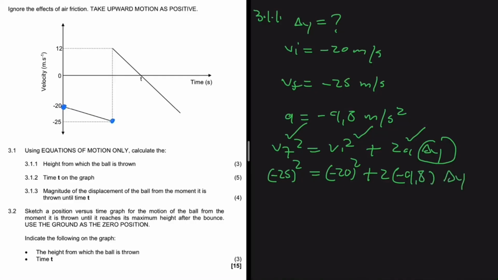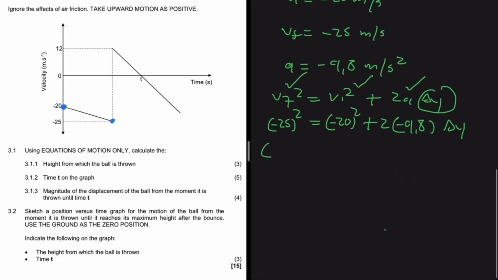So basically, the physics is done now. We are just solving the math. So we're going to have minus 25 squared minus 20 squared being equal to 2 multiplied by minus 9.8 delta y. We just took minus 20 squared to the left hand side, right? So now it will be obvious what we're going to do. We're going to divide both sides by 2 multiplied by minus 9.8.